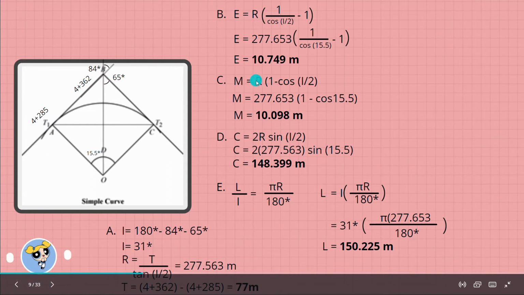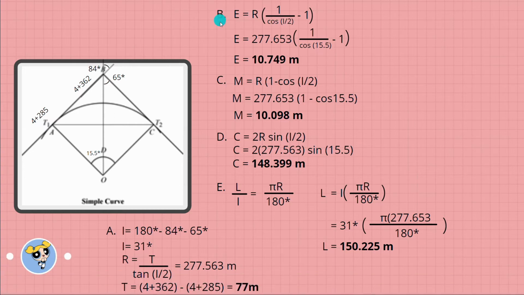To get the external distance, we use the formula E is equal to R multiplied by 1 over cosine of I over 2, minus 1. So R, or 277.563, multiplied by 1 over cosine of 15.5 minus 1 is simply 10.749 meters. This is our external distance.